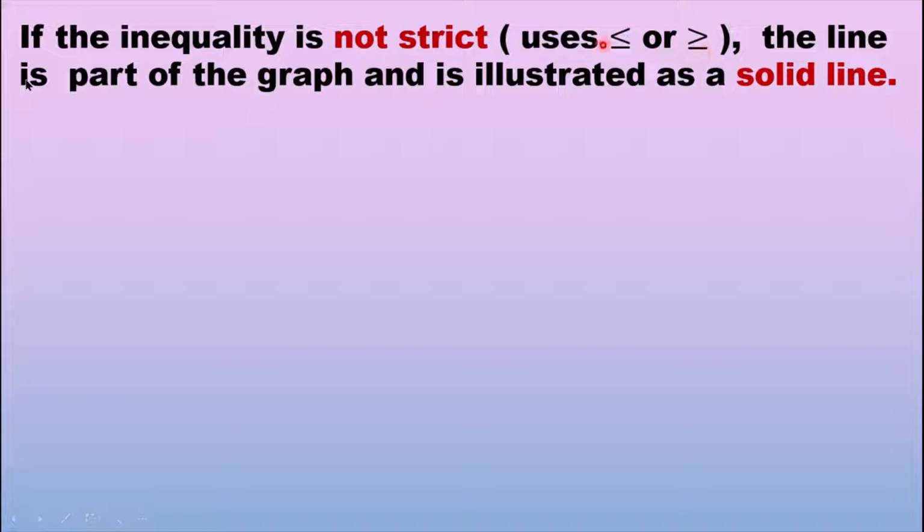So, pag ito yung ating inequality sign, the line is part of the graph and is illustrated as a solid line. So, yung graph natin dito o yung boundary line natin ay solid line. Hindi siya broken line. Basta ito yung ating inequality sign or symbol na makikita sa ating linear inequality in two variables, yung graph natin ay solid line.